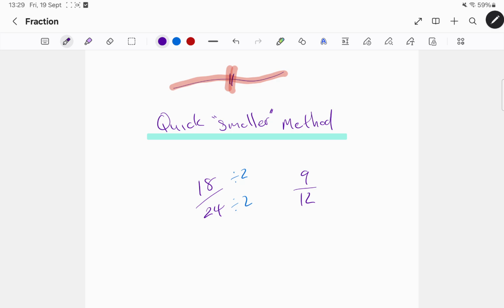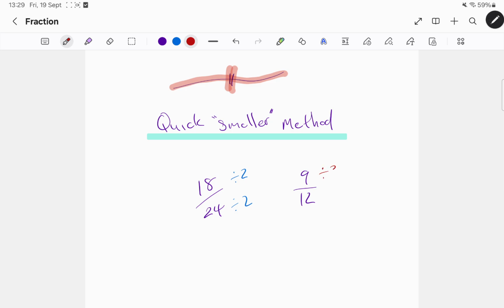And then we look at the 9 over 12 and we see if we can repeat the process. Well, we can't divide both by 2 this time, but what times table does 9 and 12 both belong to? Well, we can divide both by 3 because 9 and 12 are both members of the 3 times table.